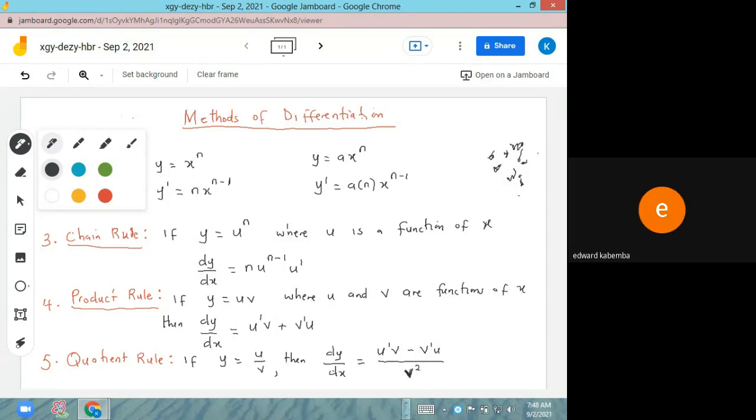Remember that we differentiated the constant using first principle, and we got that its derivative was 0. So if you take that as the product and differentiate the two pieces using product rule, you still arrive at the same thing, because the derivative of a will be 0. So 0 multiplied by x to the power n will still give you 0. So you rely on a multiplied by the derivative of x to the power n. Okay, I get it.